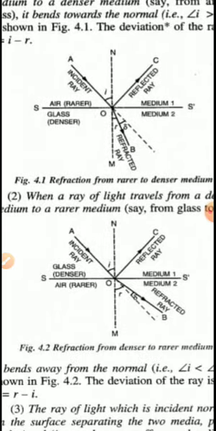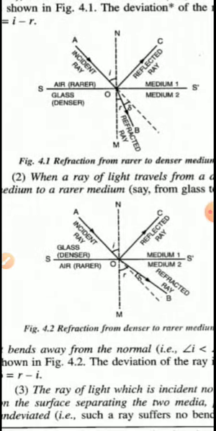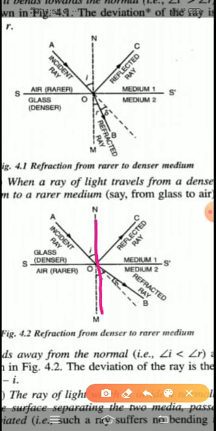So the next one, when a ray of light enters from a denser medium to a rarer medium. Once it comes to the rarer medium, the speed of light will be maximum. So again, instead of going along the same path, it will move away from your normal. This NM line is called your normal. The 90-degree line is called your normal. So this is your normal line.